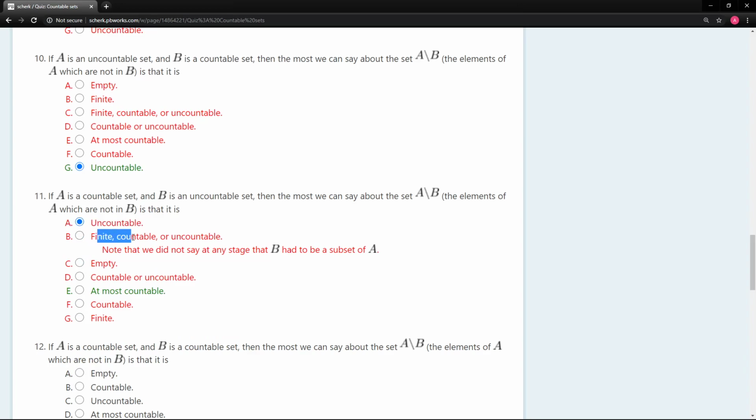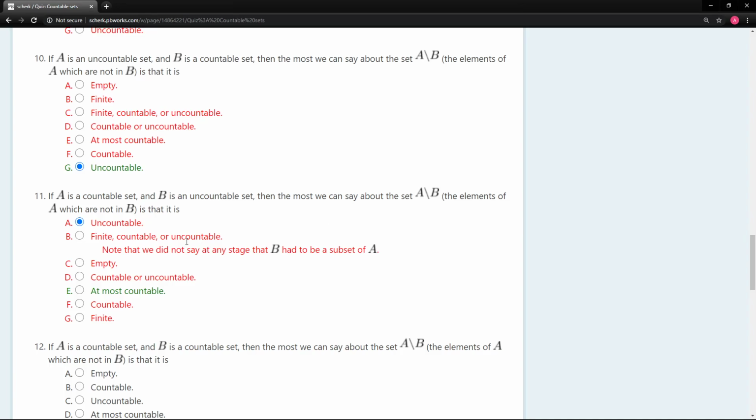Okay, we got something. Finite, countable or uncountable? Note that we did not say at any stage B had to be a subset of A. This is what made me conclude it was at most countable, that B didn't have to be a subset of A. Which is why when I removed n from R, I thought, oh, it could be finite.